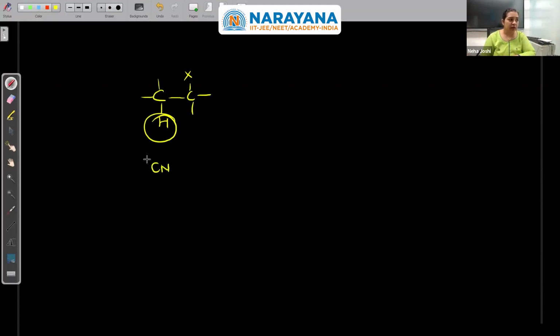When I talk of CN minus, it can act both as an eliminating and a substituting reagent. If something is suitable for substitution, usually substitution will dominate.